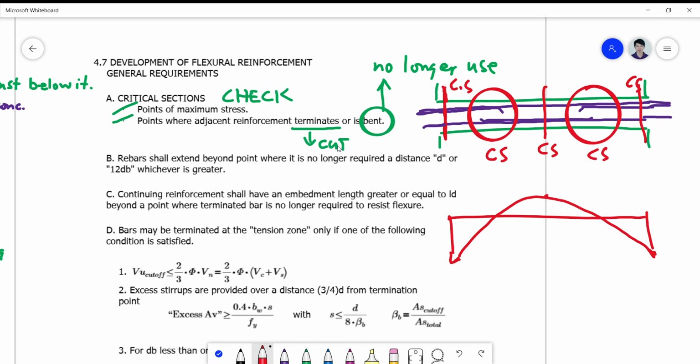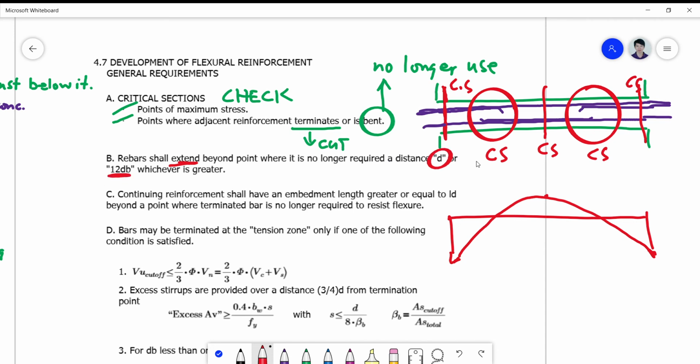Okay? So for letter B, rebar shall extend beyond the point where it is no longer required a distance d or 12 dB, whichever is greater. So supposing this is my theoretical cutoff, at this point, I have to extend it. Okay, I have to extend it at least a distance of d or 12 dB.